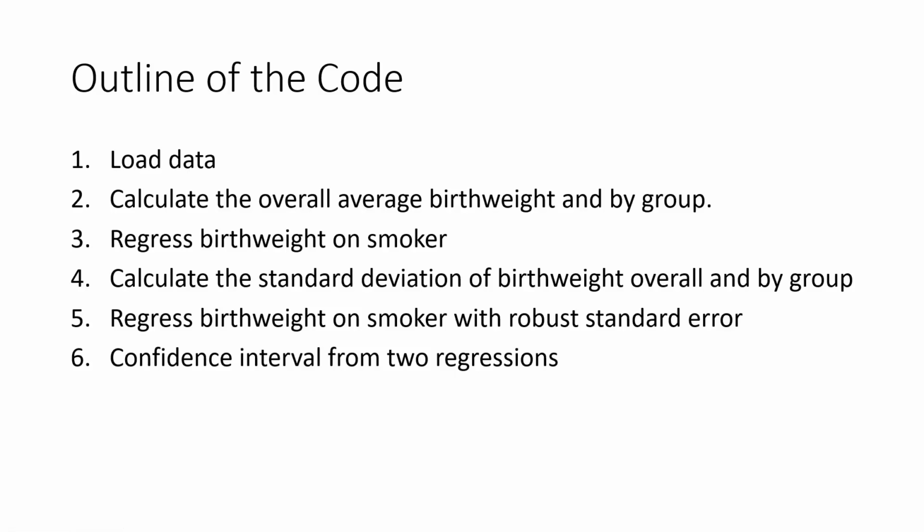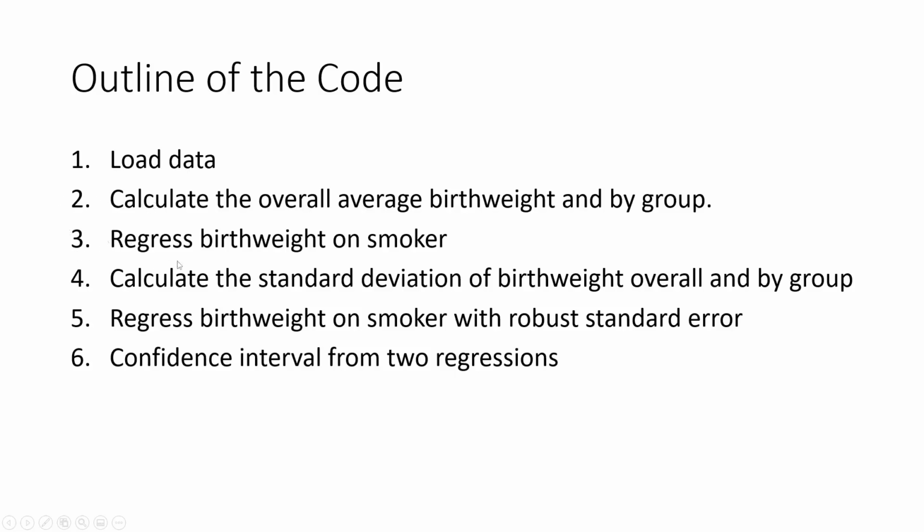And then in part A of the question, I ask you to calculate the overall average of the birth weight, and then calculate the average birth weight for those whose mothers are smokers, and then the average birth weight for the babies whose mothers do not smoke, right? So we are going to calculate 3 averages. That is step 2.